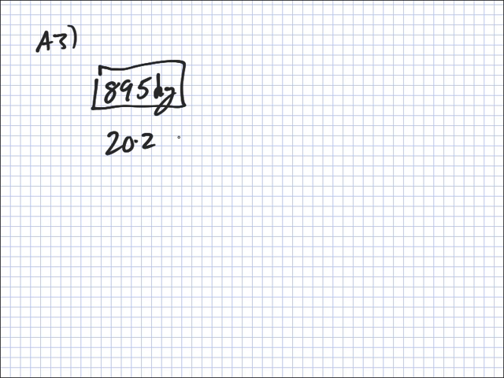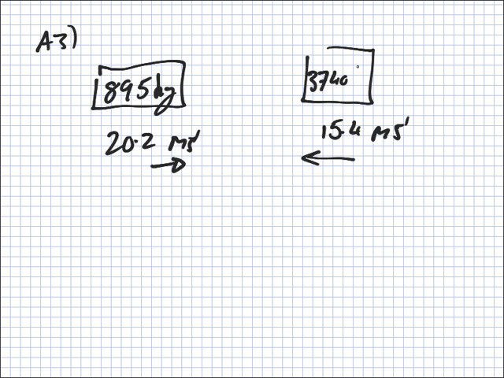Okay. A3 actually was the conservation of momentum, which I think was okay, wasn't it? You had your car of 895 kilograms at a speed of 20.2 meters per second, and then it hits a truck moving in the opposite direction at 15.4 meters per second, and that's 3740 kilograms.